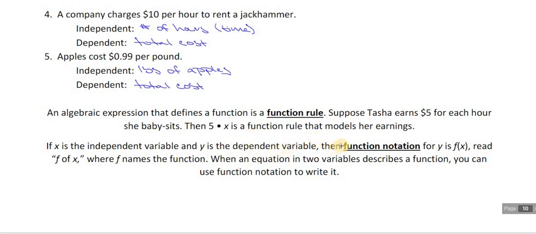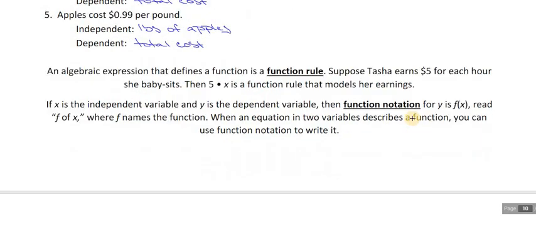And then because of function notation, we use f of x instead of y, we would write this function as f of x equals 5x, where x represents number of hours, because it's $5 per hour.